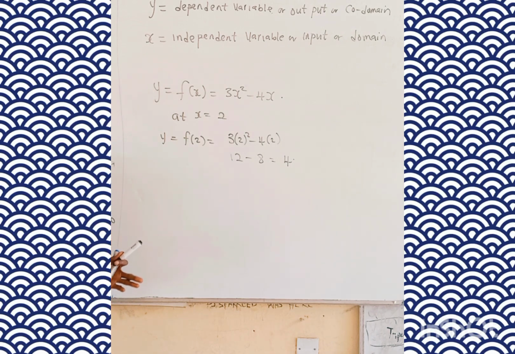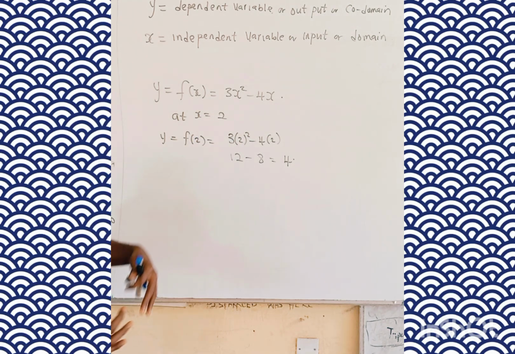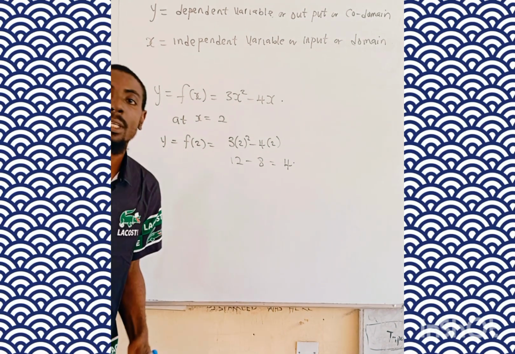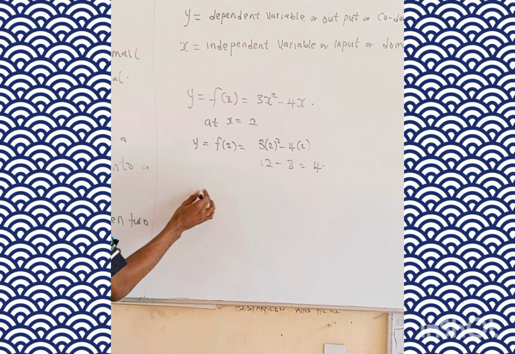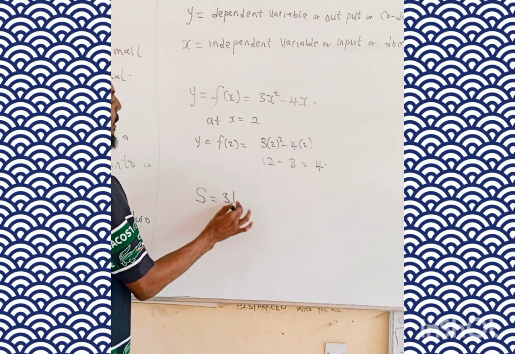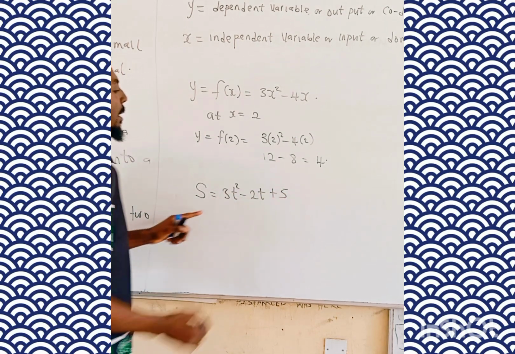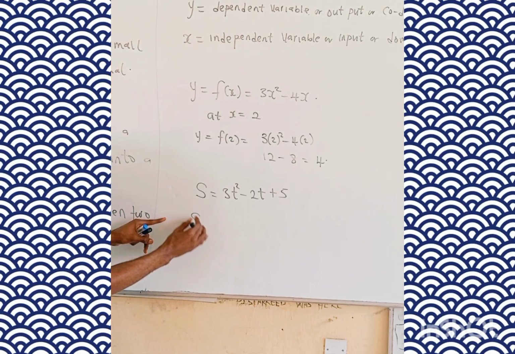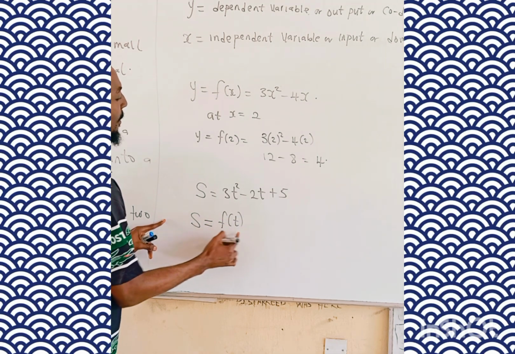There are many other functions in different variables depending on the domain. This is a function in the x domain; we have functions in the p domain and the t domain. A distance function is a function in the time domain. For instance, distance s is equal to 3t squared minus 2t plus 5. This is a function in the t domain, so s is a function of t.